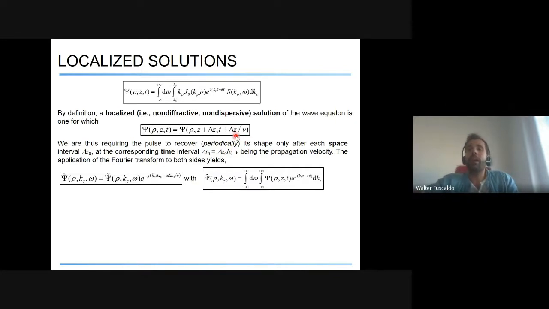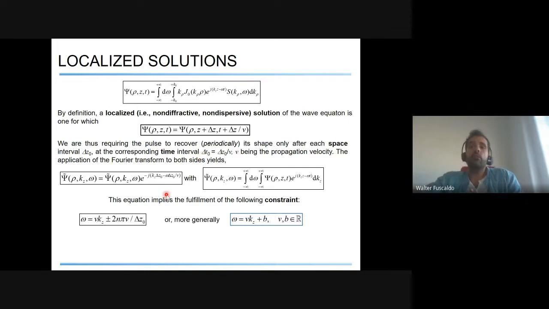If we now apply the Fourier transform to both sides of this relation that implies the localized character of a solution, we obtain that in order to get this identity, the following constraint has to be satisfied.